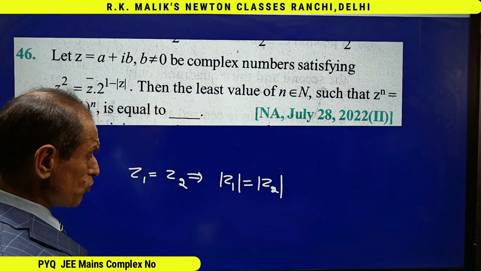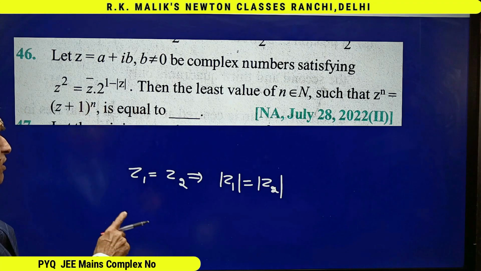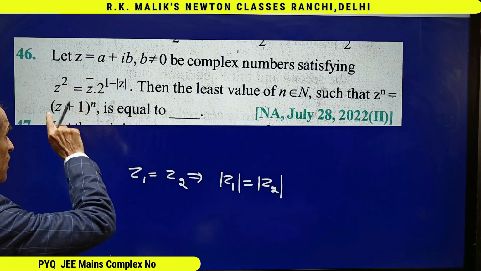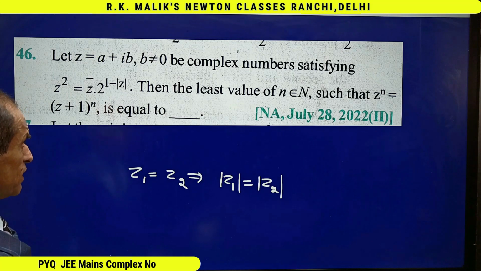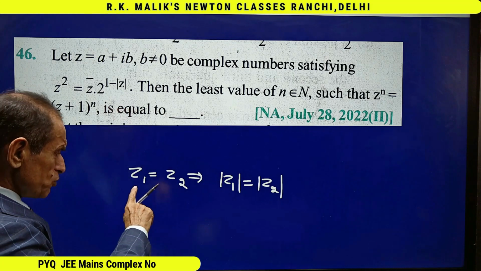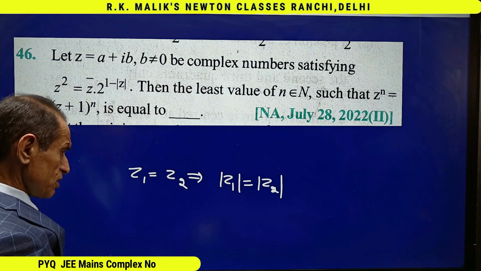And why I am telling you all these things, you will understand when I take modulus on both sides of this. If I take modulus on both sides and try to find the value of z, I am using this criteria: if this is equal to this, then this will be equal to this.